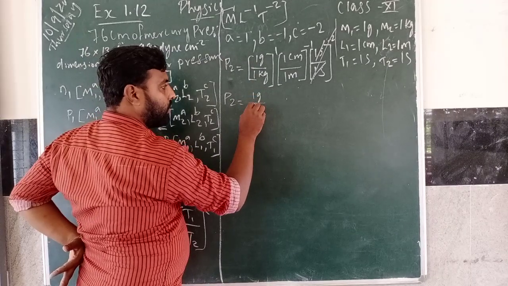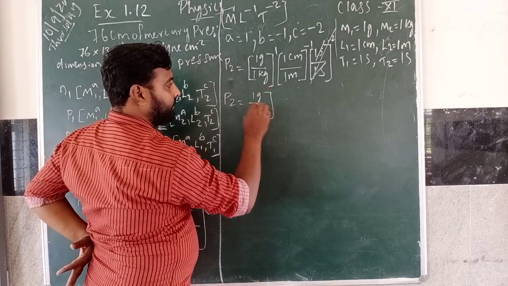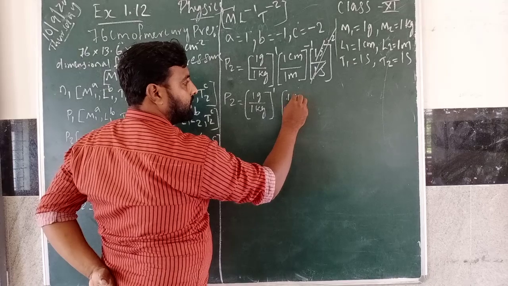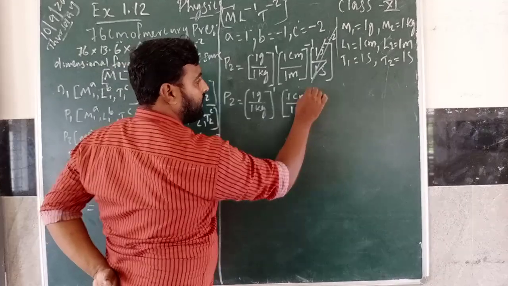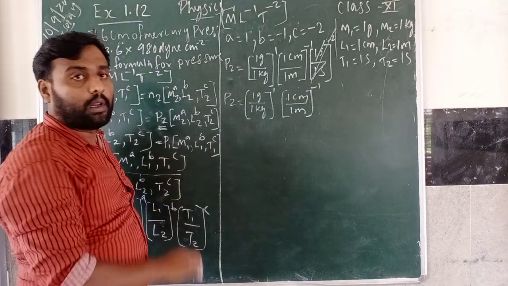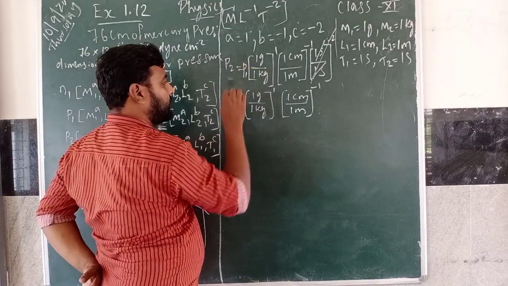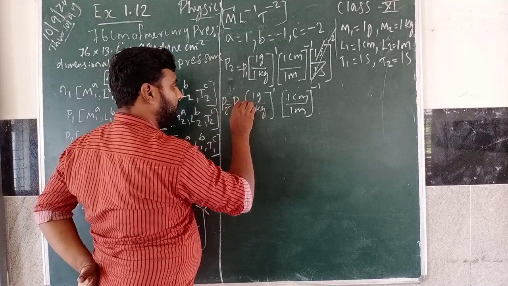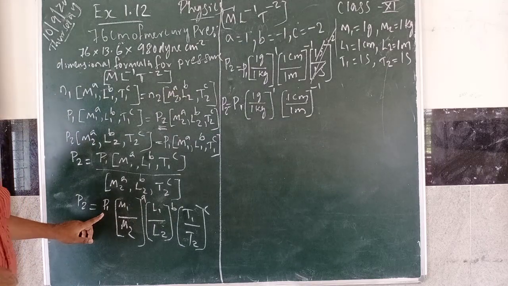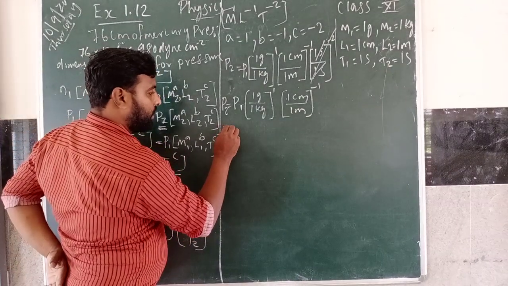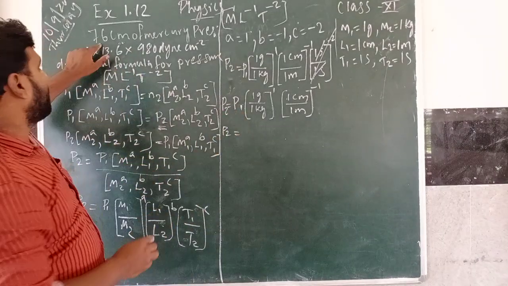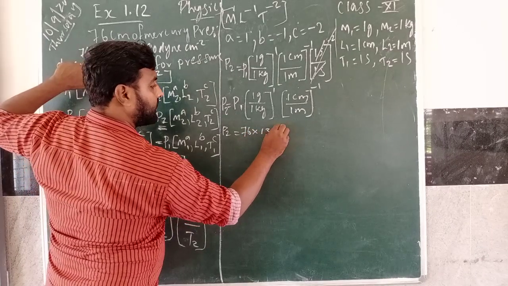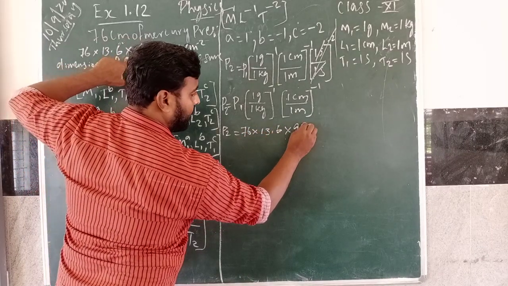1 gram by 1 kilogram, then 1 centimeter by 1 meter to the power of our values. Now P1 is there here: P2 equals P1, so don't forget that P1 is there. Now you have to write the value. P1 means 76 into 13.6 into 980.